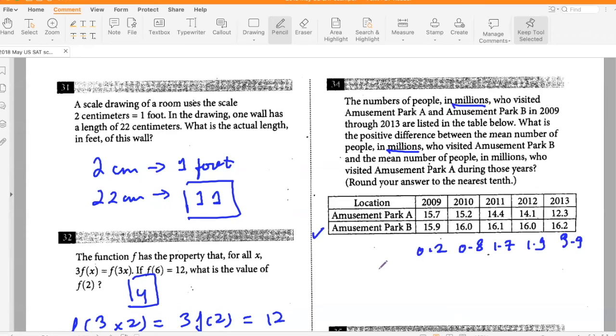So the sum is 1.2, 2.7, 3.7, 4.6, 4.6 plus 3.9, carry 1, 8.5. So 8.5 by 5, which is 1.7. So that's the difference, yes.